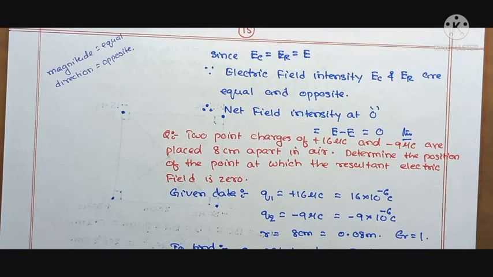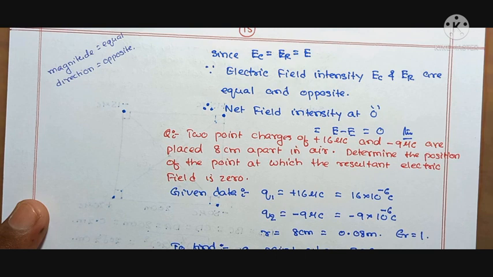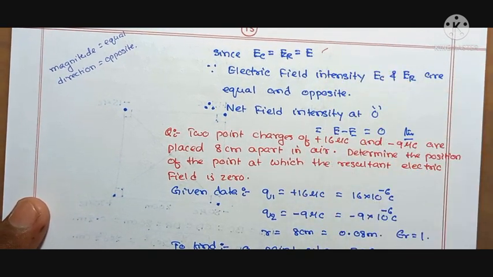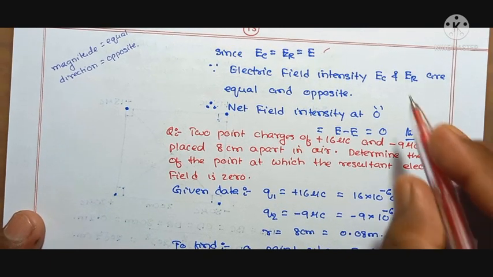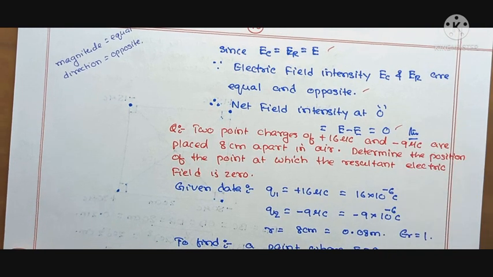So now we get ER is equal to E, and also EA is equal to EB is equal to EC is equal to E. So EC is equal to ER is equal to E. These two electric field intensities are equal and opposite. Therefore, the net electric field intensity at O is 0.